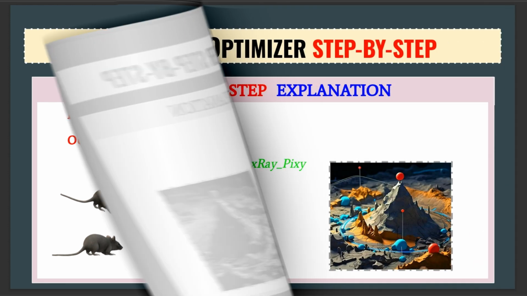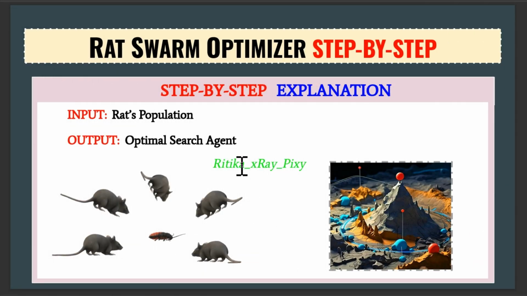So in input we have the rat population, and as output we need the optimal search agent that will display the position of the best solution. In the end we need the position of the best search agent, that is the optimal one, which will give us the best score, and we will check that solution's fitness score.